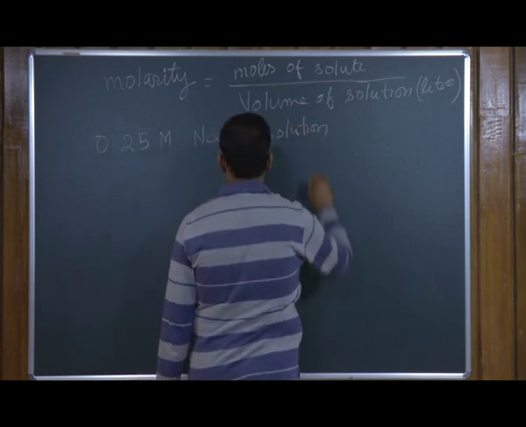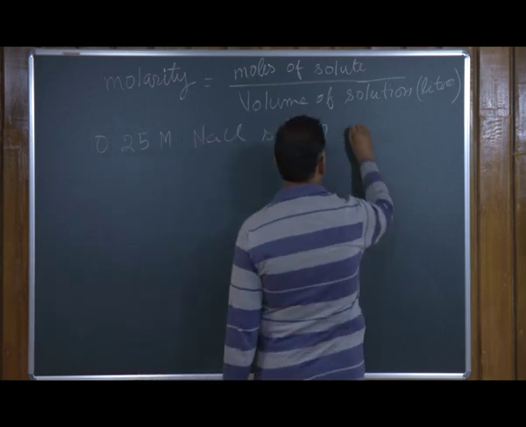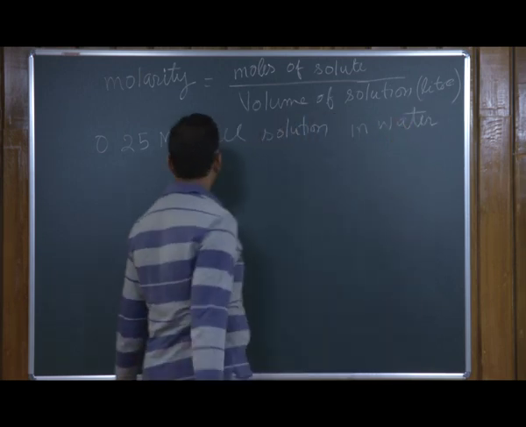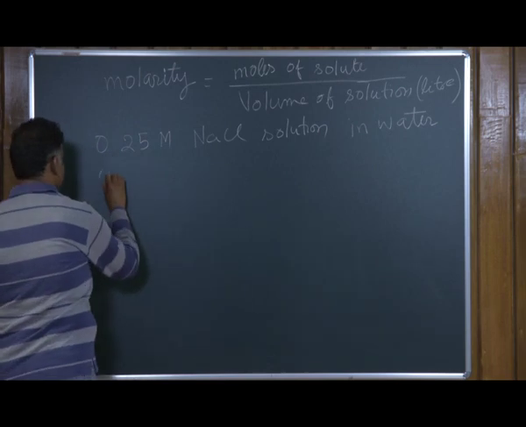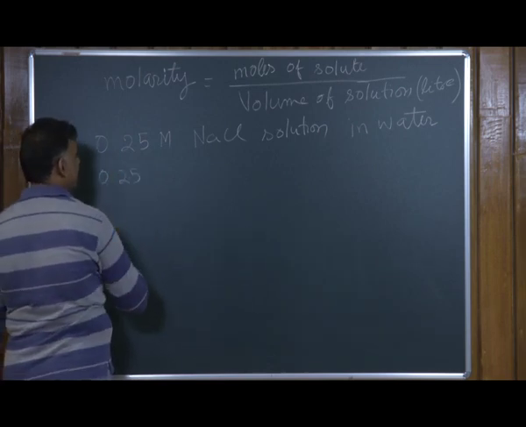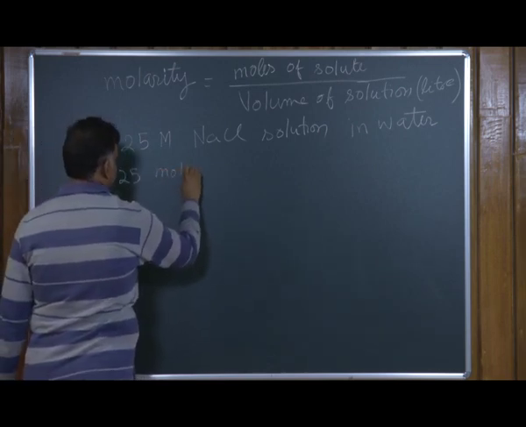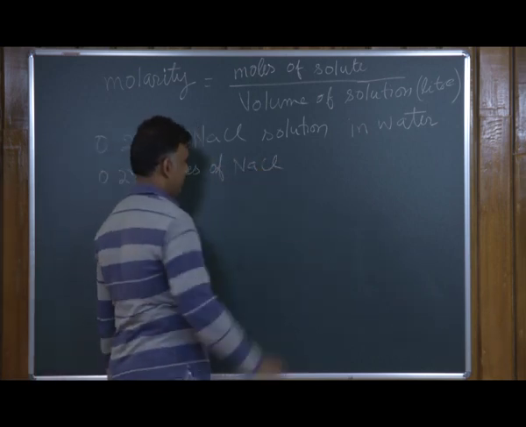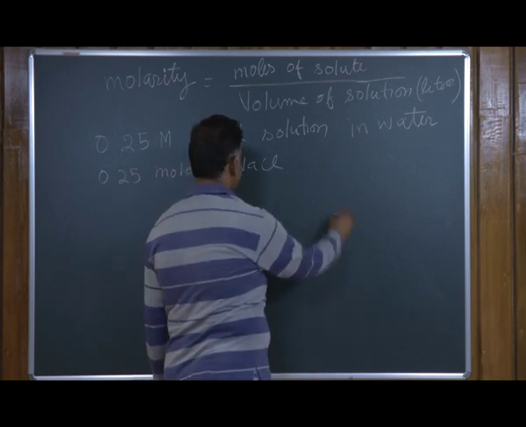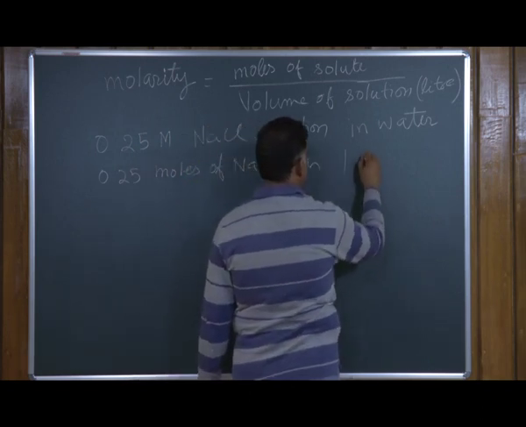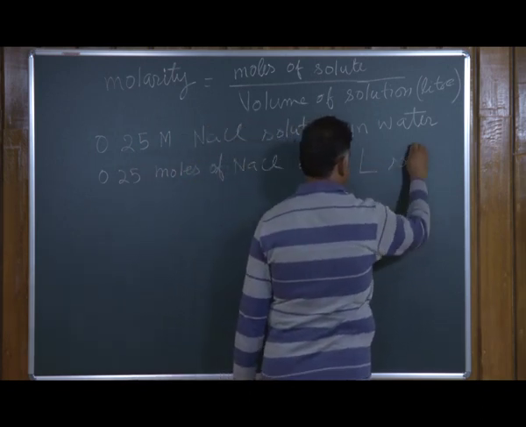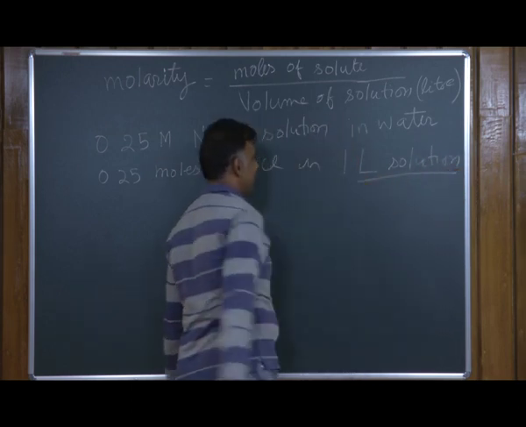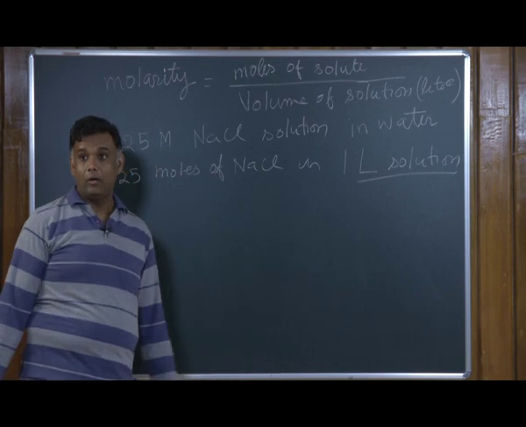the solution which is prepared in water, it is an aqueous solution, would mean that we have dissolved 0.25 moles of NaCl in 1 liter solution. This is very important, 1 liter solution, not 1 liter of solvent.